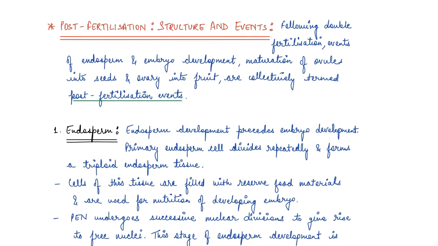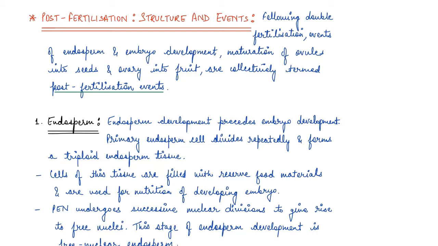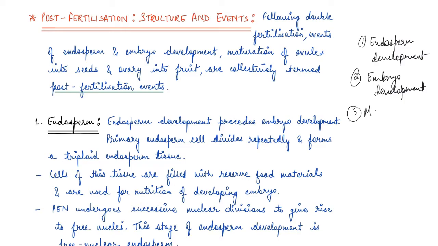Now, in post-fertilization, basically there are several events. So first is endosperm development. Second is embryo development. Then there is maturation of ovules into what?